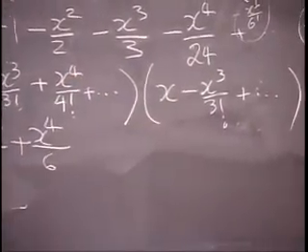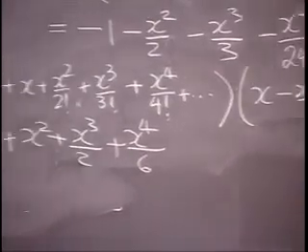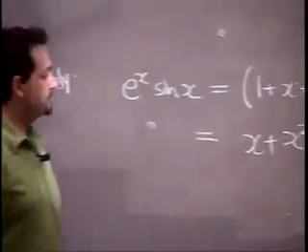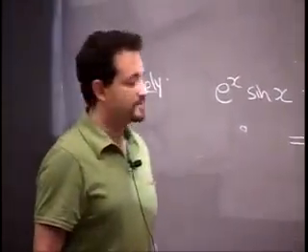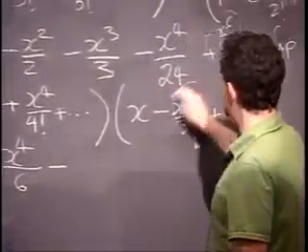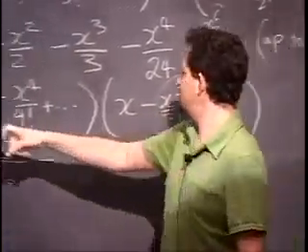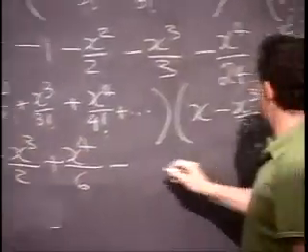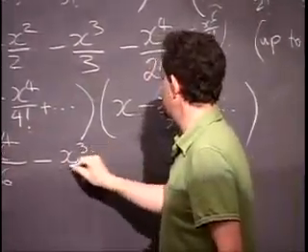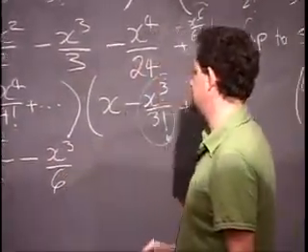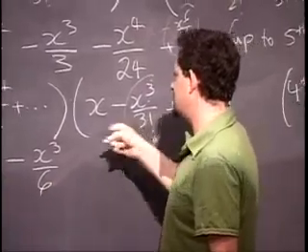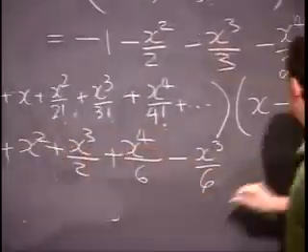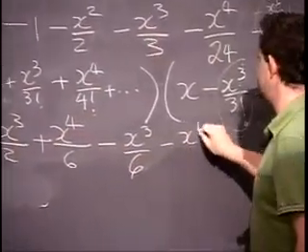And that's already higher than my focus. I've decided to focus on 4. So guess what? I don't write that term. Now let's deal with this. This times 1 is x cubed over 6. And this times x is minus x to the 4th over 6.